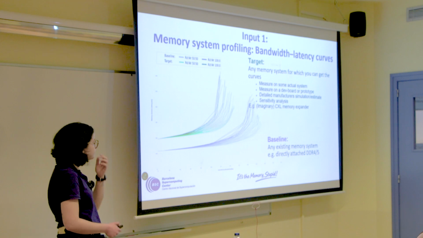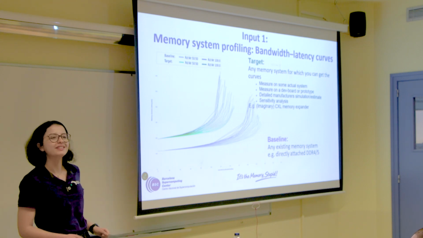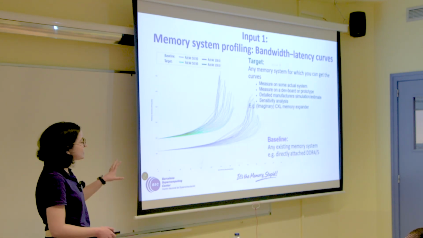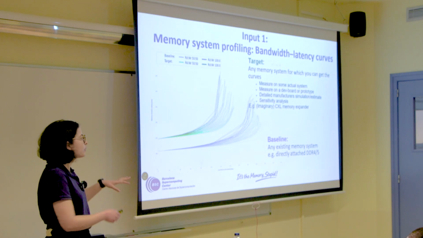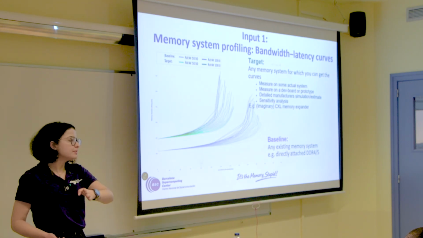This is the sensitivity analysis, and this is thanks to Claudia, who is here, who made this in her TFG. And this is the first input for PROFET. So nothing new here, we are getting the curves using the MES benchmark.